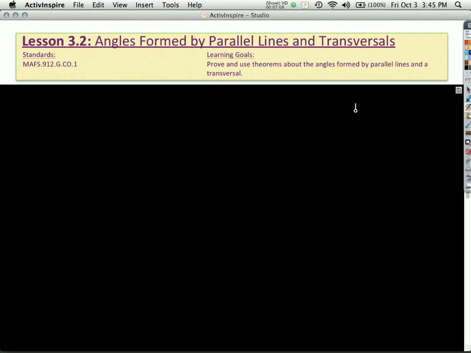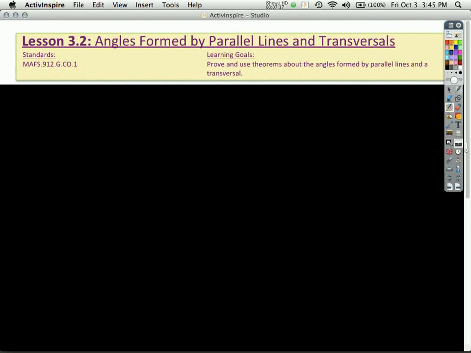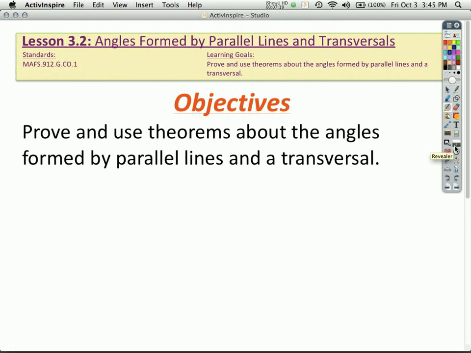Today, we're going to explore what happens when we have parallel lines cut by a transversal. Our objectives today are to prove and use theorems about the angles formed when we have parallel lines and a transversal.